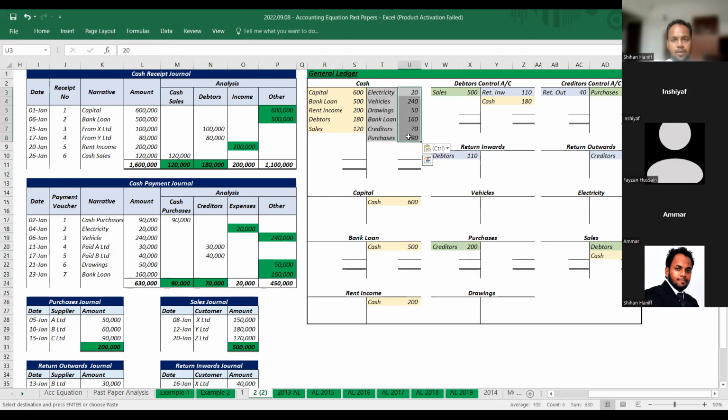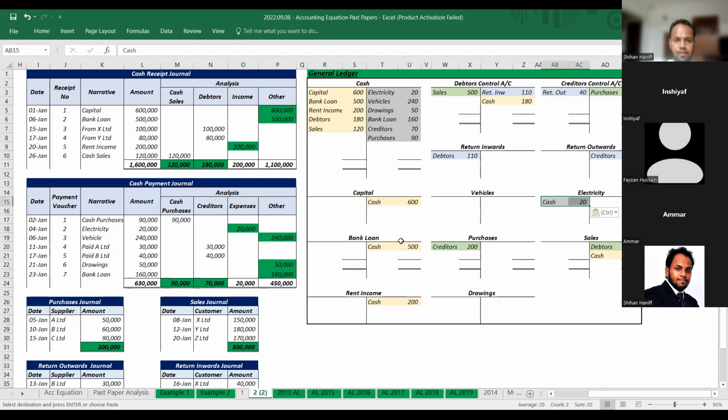So I take all the payments into the credit side of the cash account, and the relevant accounts we have to debit.